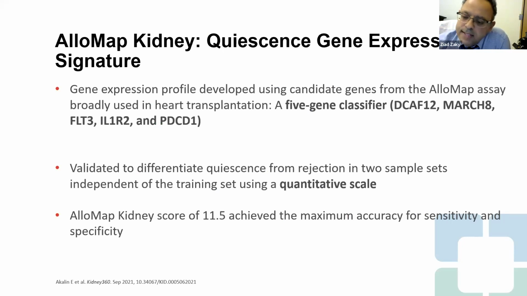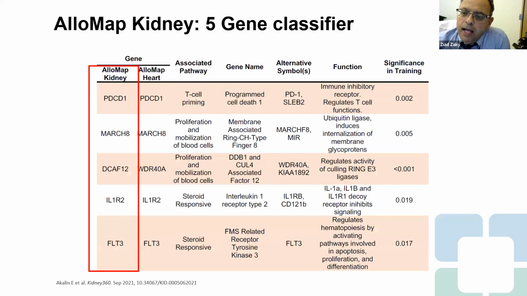And the good thing about it is that it's quantitative, so you get a score. And if you have a score of 11.5, this achieved the maximum accuracy of sensitivity and specificity. And basically, these are the 5 genes and their implications.